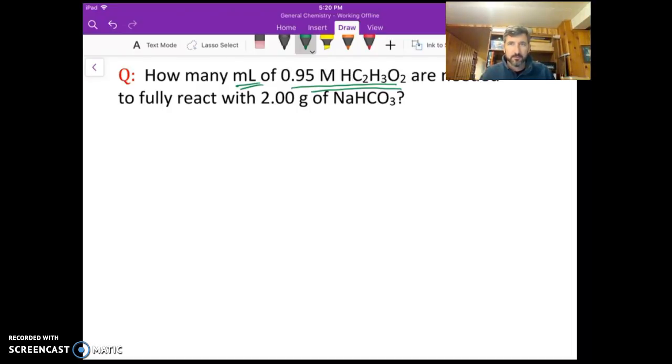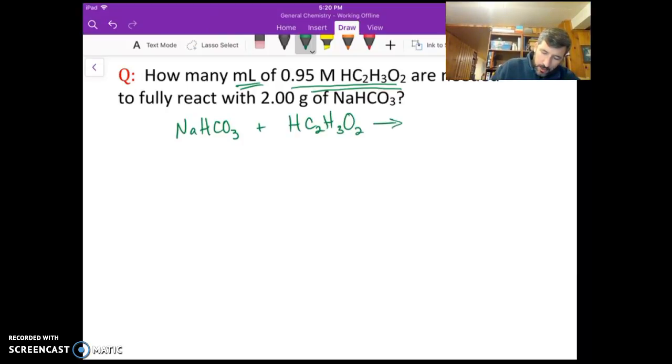So let's see what we should have needed. So we have to write our balanced equation. So NaHCO3 plus HC2H3O2, and that yields NaC2H3O2 and H2CO3.